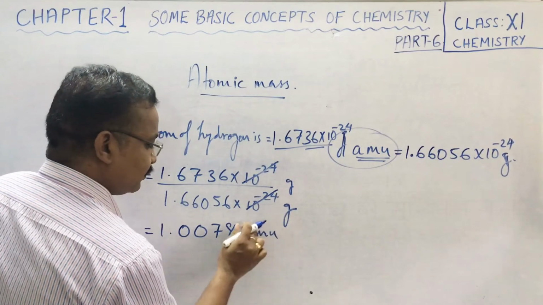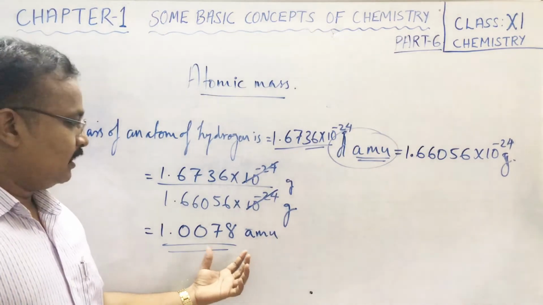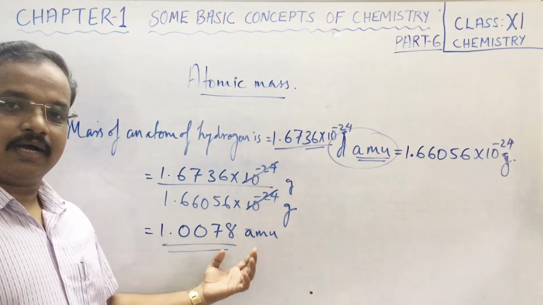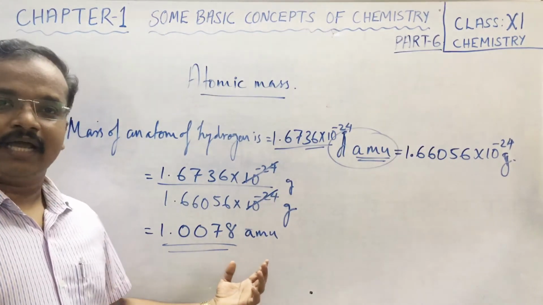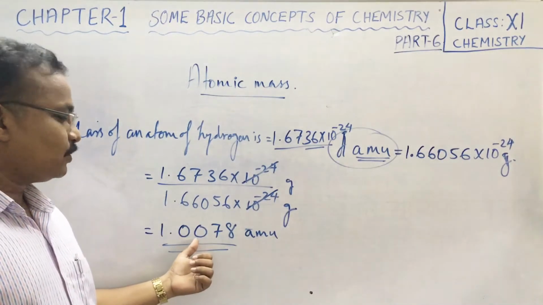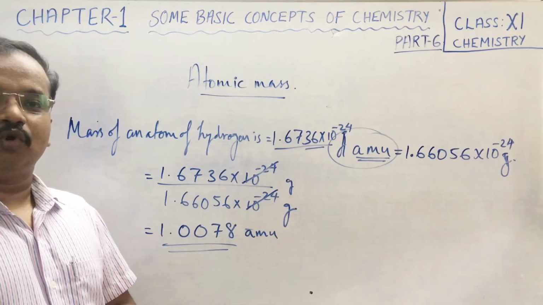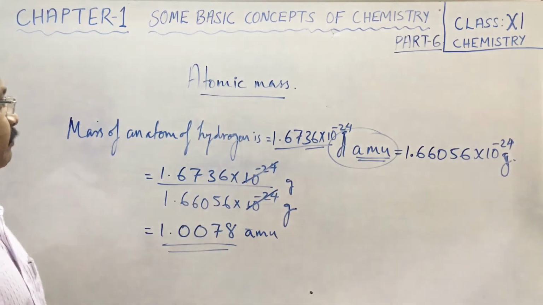This is the relative mass of the hydrogen atom in atomic mass units: 1.0078 AMU.